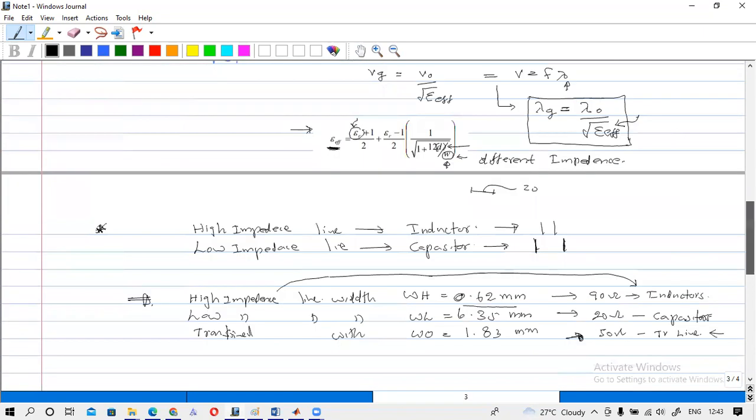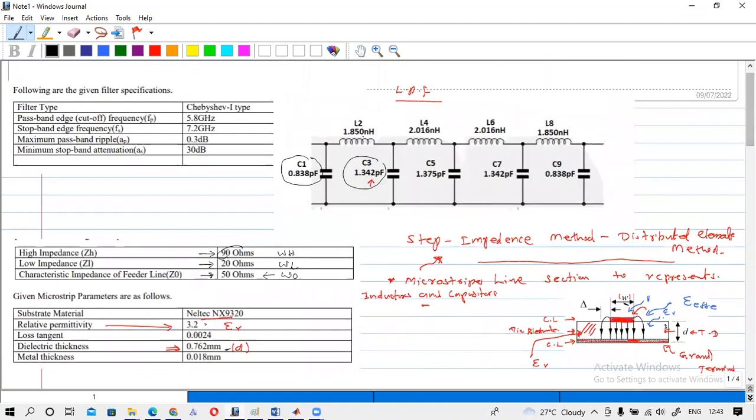So here we have 4 inductance values, 1, 2, 3, 4. Actually, we have 2 inductance values, 1, 2, because these are the same again. If you can calculate the length related with these 2 inductance values, then you can calculate all the values, because this one and this one are equal, and this one and this one are equal.